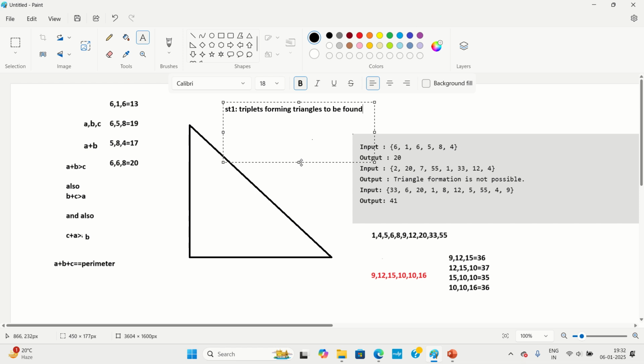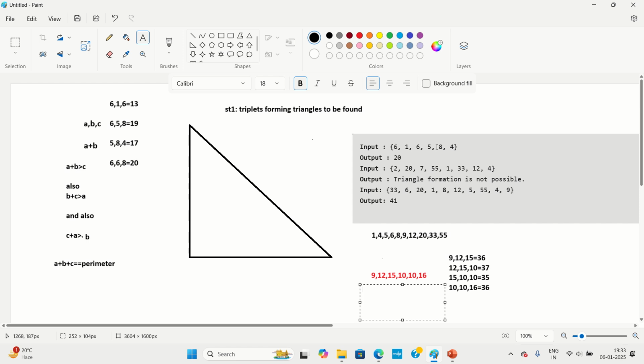Now, tell me one thing. Suppose, if we take the last example, every pair was forming a triangle. Now, one approach is we can just use a nested loop. We can travel this whole array and choose the triplets which are forming a triangle, and then use a j loop, so one loop inside another loop.